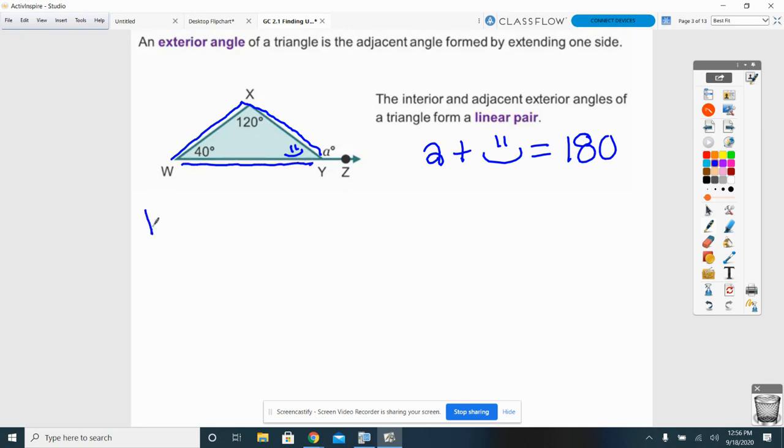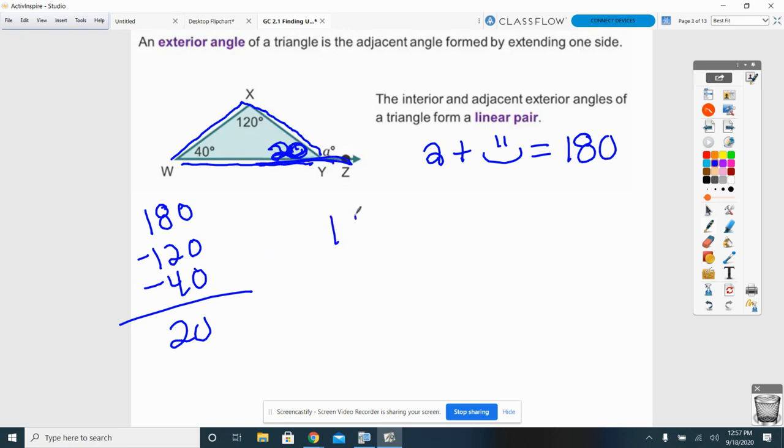So what I'm going to do is I'll take 180 minus 120 minus 40, or you can take 120 plus 40 and subtract that from 180, and we get 20 degrees for the little smiley face angle. So smiley face is 20 degrees. Now, because they make a straight line, you can take 180 minus 20, and you can see that smiley face angle plus angle A will give you 180, and angle A is 160.